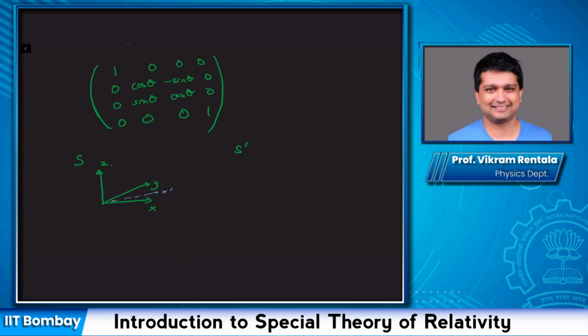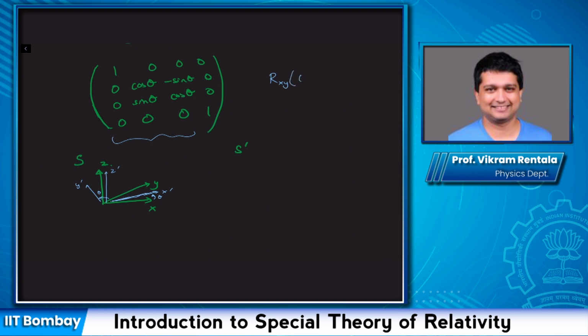So this is x prime, y prime, and z is still in the same direction. It's a rotation by an angle theta. So the y-axis and the x-axis have both been rotated by an angle theta. It's just a rotation in the xy plane, or a rotation about the z-axis. So this transformation is a rotation in the xy plane by an angle theta.